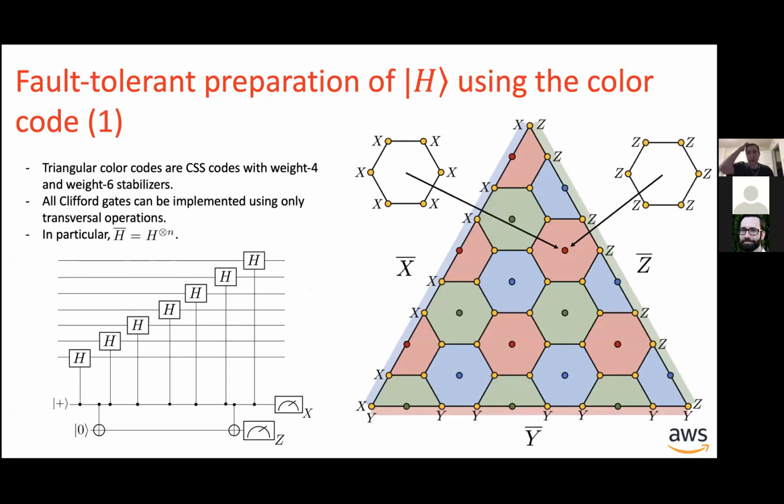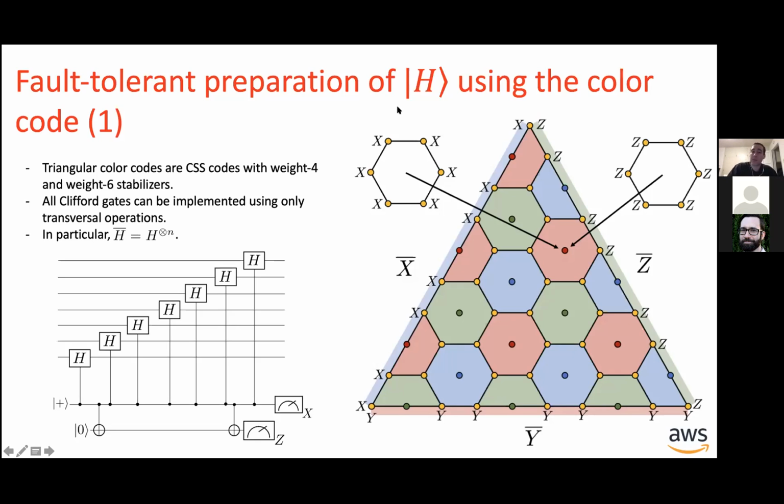So before explaining how we're going to prepare these magic states, and in this talk we're going to prepare the H states that I introduced a few slides ago, I'd just like to briefly remind you about some of the features of the color codes. And Marcus talked a lot about this, so I'll be very brief in this slide. But the color codes that we're going to be focusing on here are triangular color codes because they have the lowest weight checks.